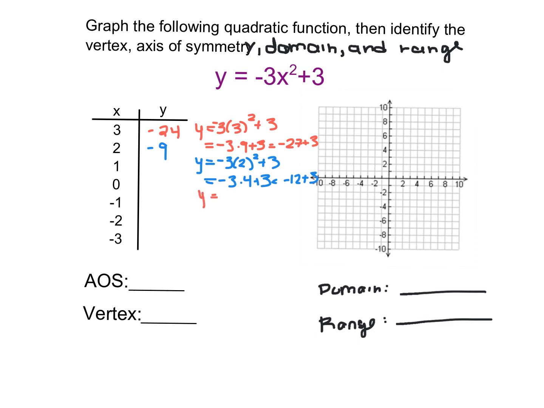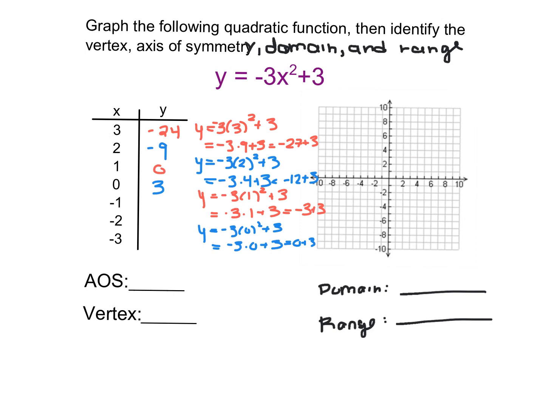Then have y equals -3 times 1 squared plus 3, so -3 times 1, which is -3 plus 3, which is 0. I then look at y equals -3 times 0 squared plus 3, so that becomes -3 times 0 plus 3, which is 0 plus 3, which is 3.